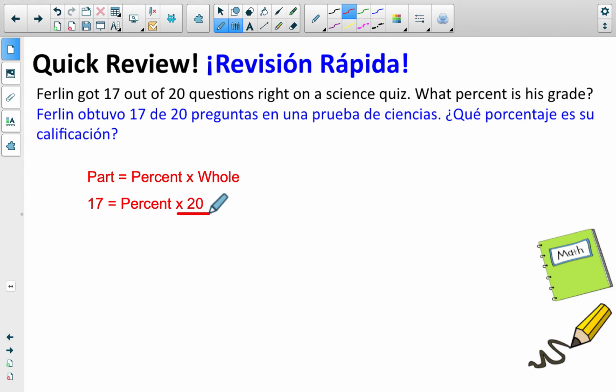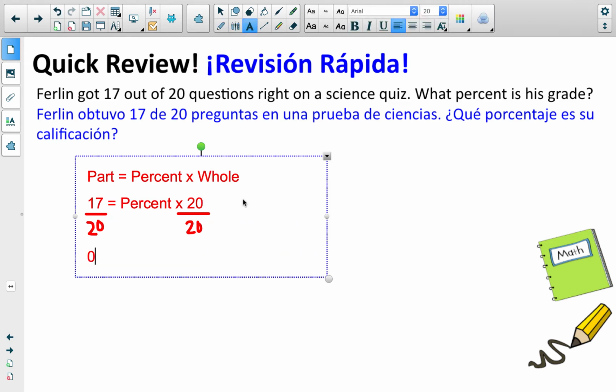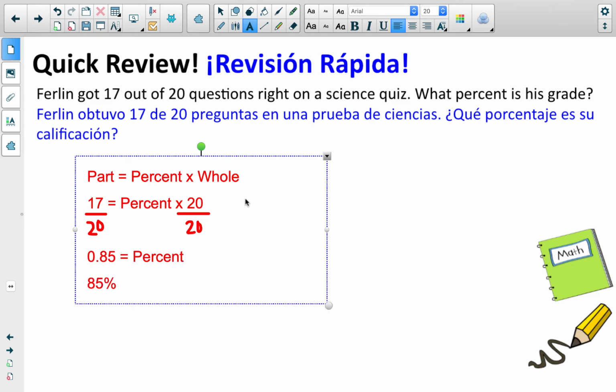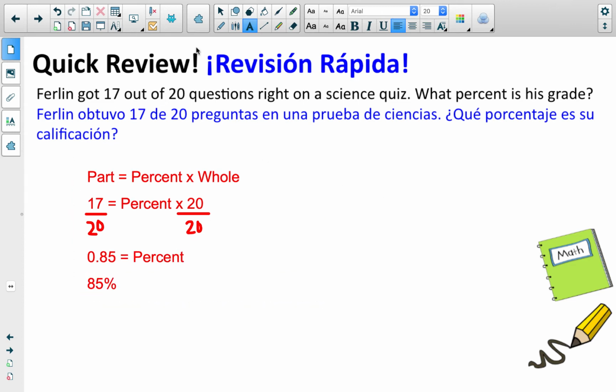We can divide both sides by 20 to undo the multiplication on that side, and 17 divided by 20 ends up getting 85 hundredths, and that as a percent is 85%.